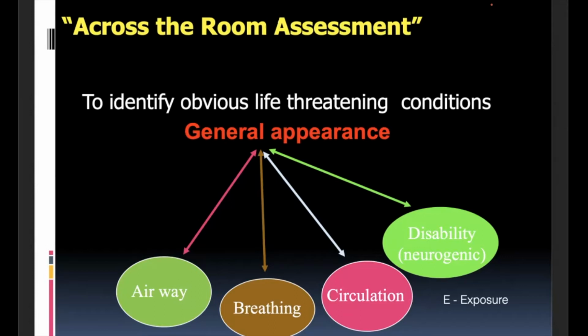So we need to go in a systematic way. By performing the ABCDE approach, you can recognize life-threatening conditions as early as possible. And if you detect those life-threatening conditions, you can do critical intervention already.